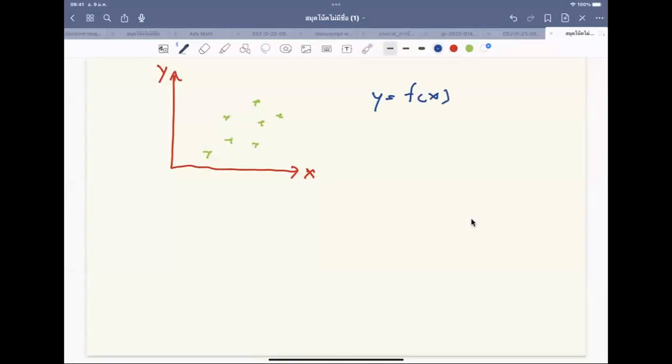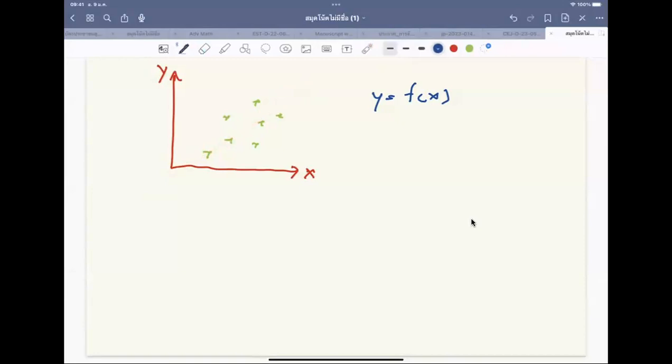Because we don't know this function, we look at the experimental results, and you can see that it is somewhat a linear function. Do you agree? It looks like a linear function. Of course, you can use exponential or quadratic, but it's much easier to use linear, right?